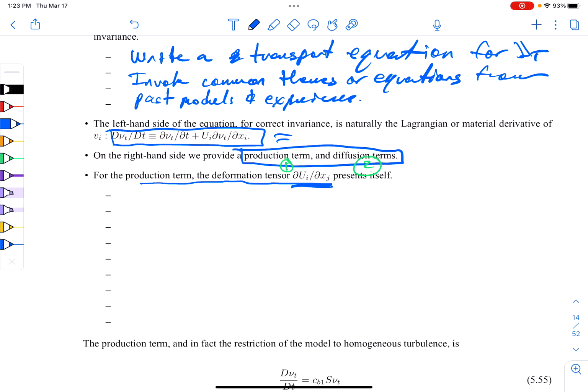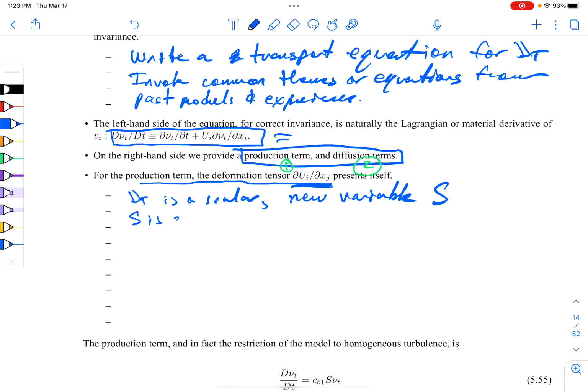Okay, so one thing they note is nu_t is a scalar. And there's going to be a new variable, which makes their model unique, S. And S is a scalar norm of mu_i, which is like an eddy viscosity vector.